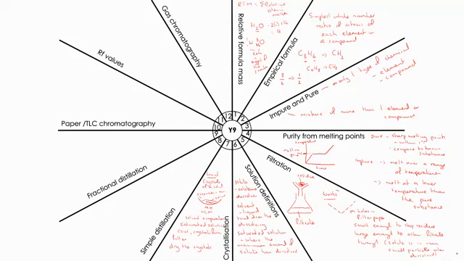Okay, so simple distillation. We use simple distillation when we want to separate a solvent from a solute. And what we do is we have our flask here. I'm going to try and draw a Bunsen burner, so we heat it here. So this is our solution.